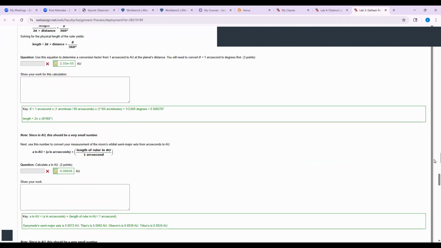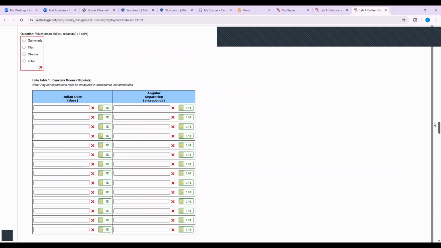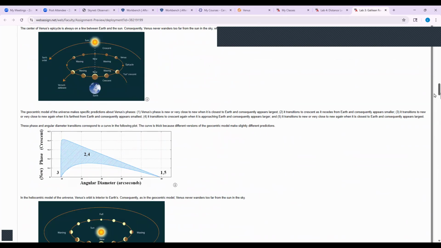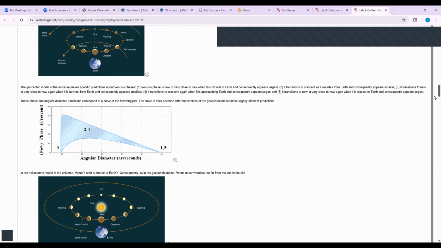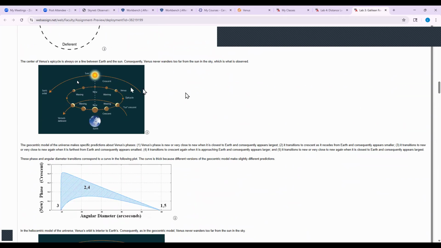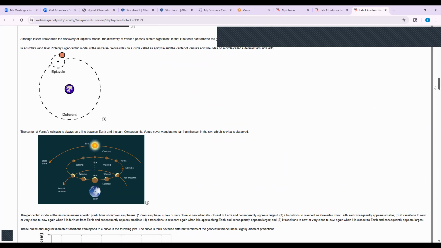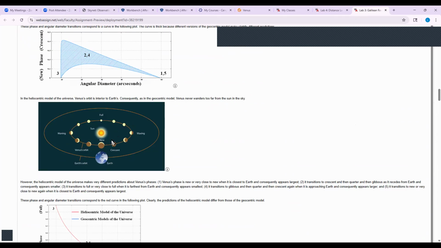That is the reason highlighted in the background information of the lab that is highlighted here. This is what you see of Venus if we look based on the geocentric observation, and this is the way we can see the phases of Venus on the heliocentric.